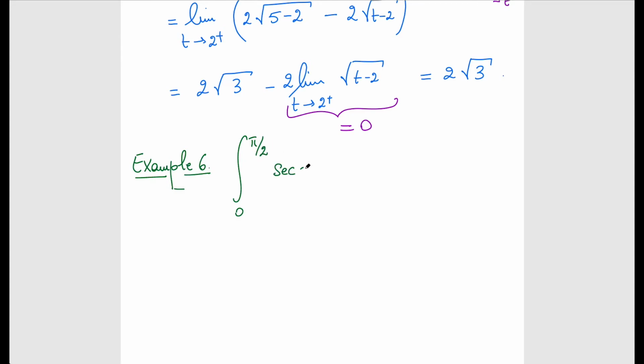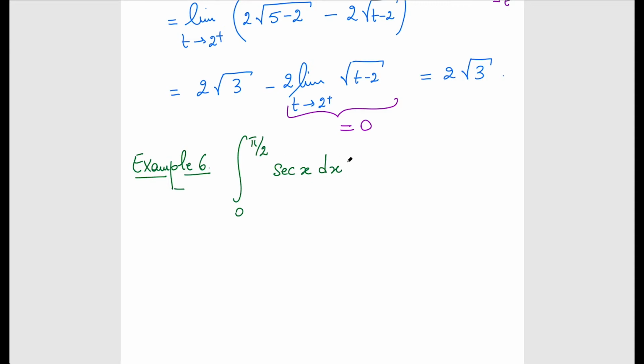of secant x dx. It's improper because secant is continuous between 0 and pi over 2, right? Remember, secant is 1 over cosine of x. It's continuous between those points, but at pi over 2 the function secant has a vertical asymptote, right? So it's discontinuous at pi over 2.